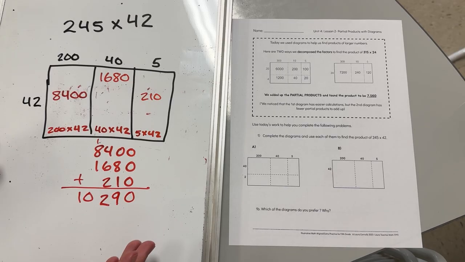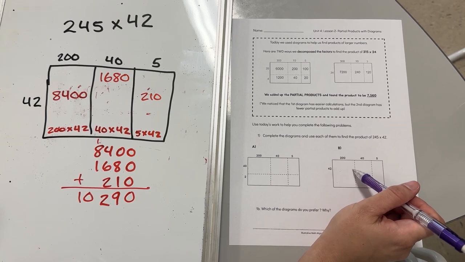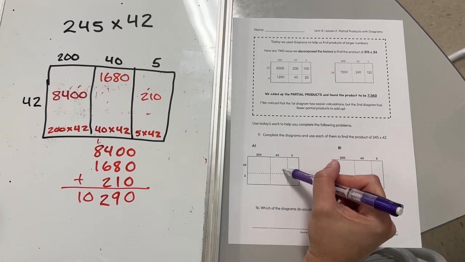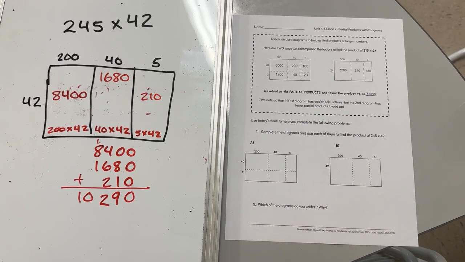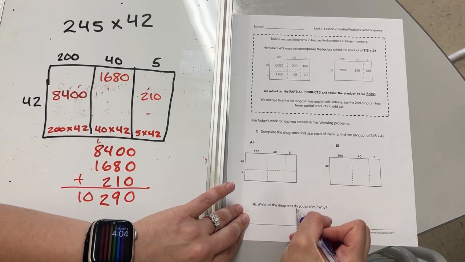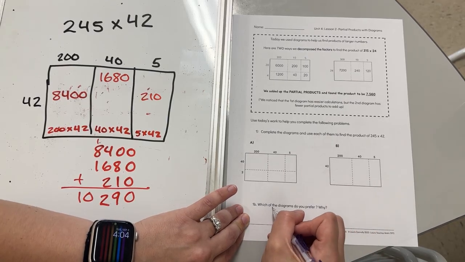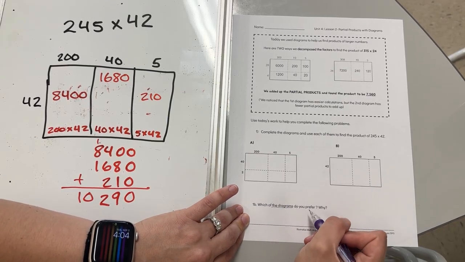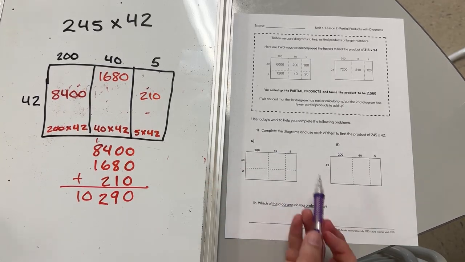Now, doing both of those area models, I noticed that the second one, B, was a lot harder for me to solve than A. So down in my box where I have to pick which one I prefer, I would say that I prefer A. So I would literally take here where it says, which do you prefer? And I would say the diagram I prefer is A. And then I would say why.